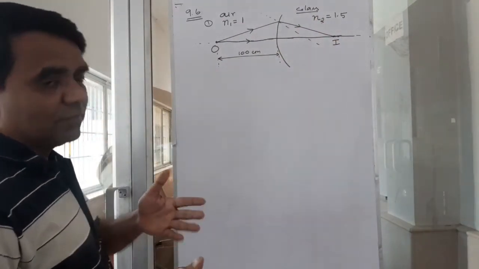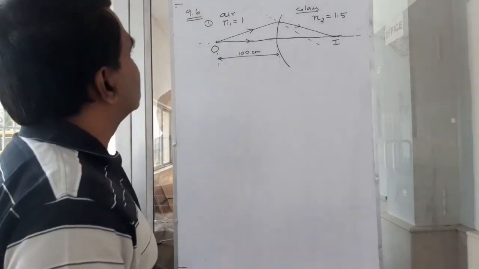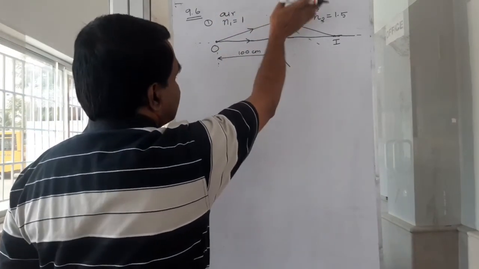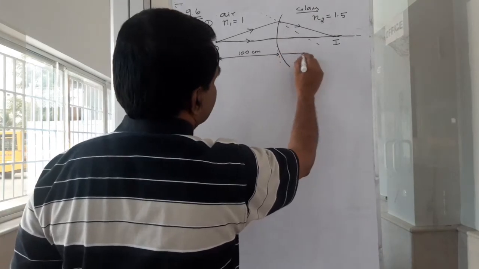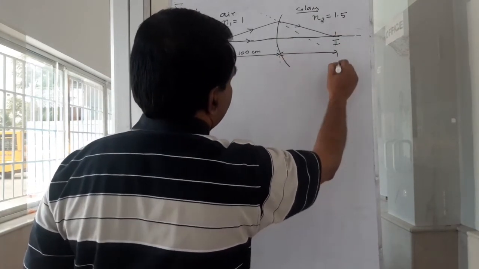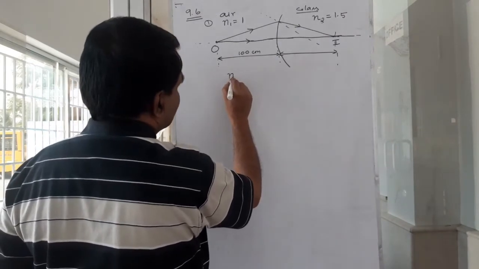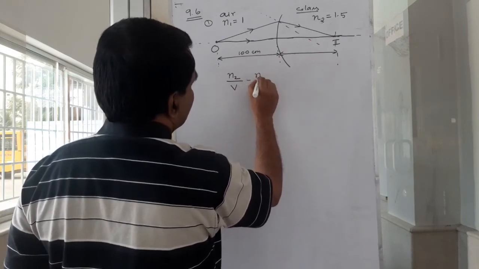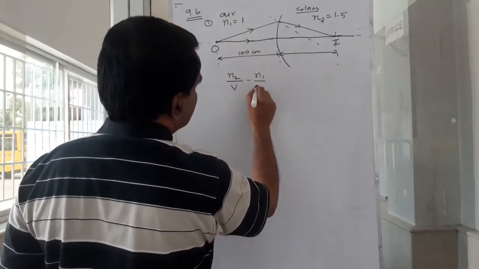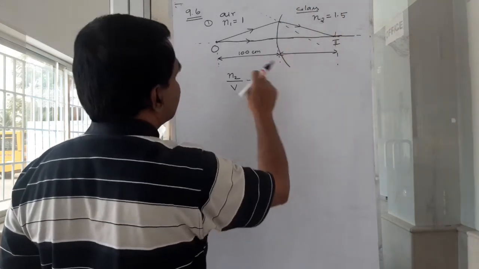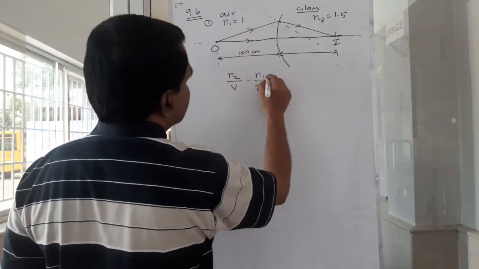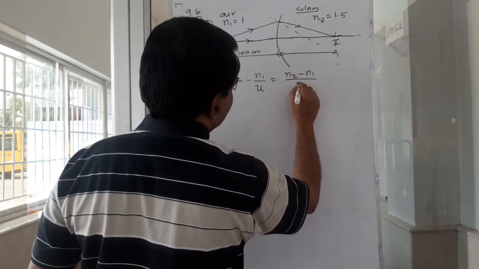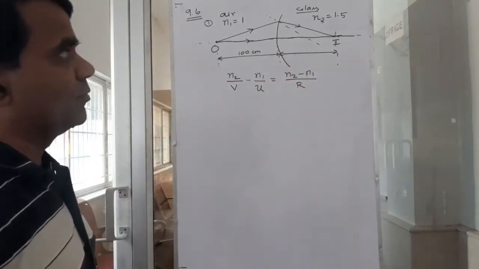So what do we know? We've just derived the formula. The formula says that N2 by V minus N1 by U is equal to N2 minus N1 by R. So this is a formula.